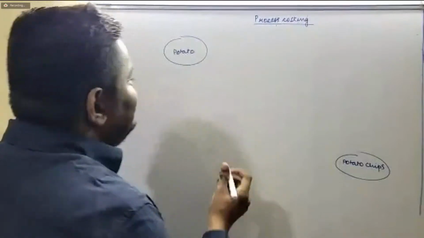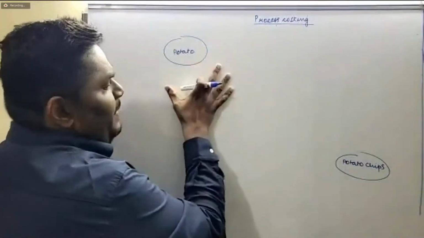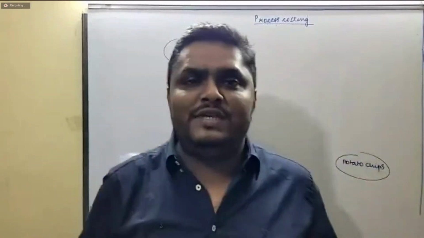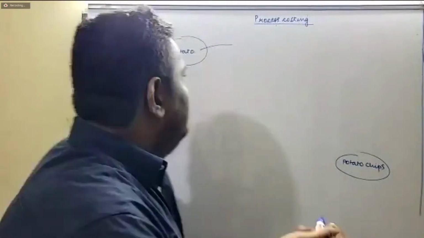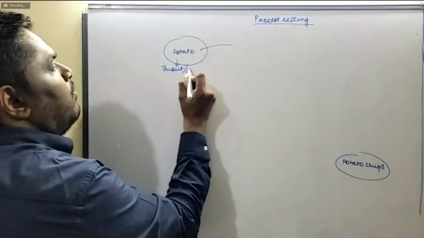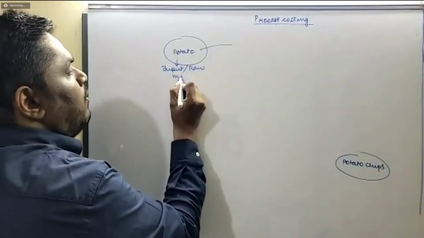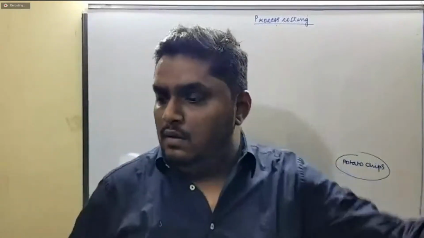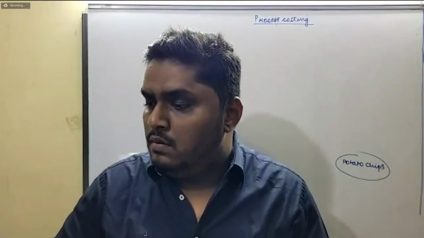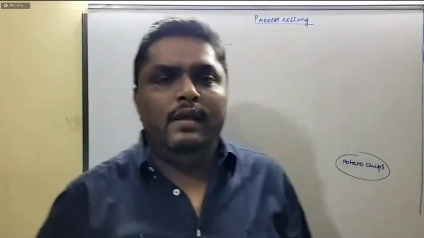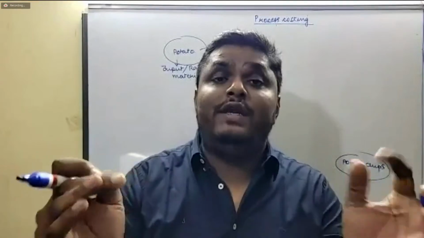Now, let's say there are various processes involved in manufacturing potato chips from potato. This is my input or raw material. Let's say my first process is sorting and grading.